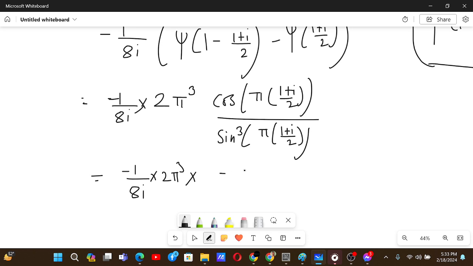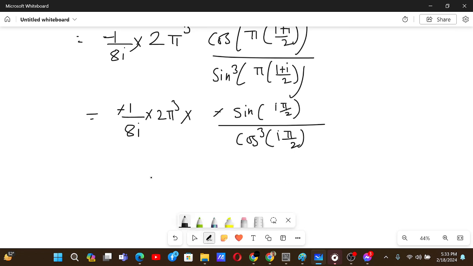So this is just minus sine i pi by 2. Okay. So sine of pi by 2 plus some angle is just cos, so cos cube i pi by 2. Yeah. So minus minus cancels out, and we have i over here. Okay. So we have pi cube by 4i.